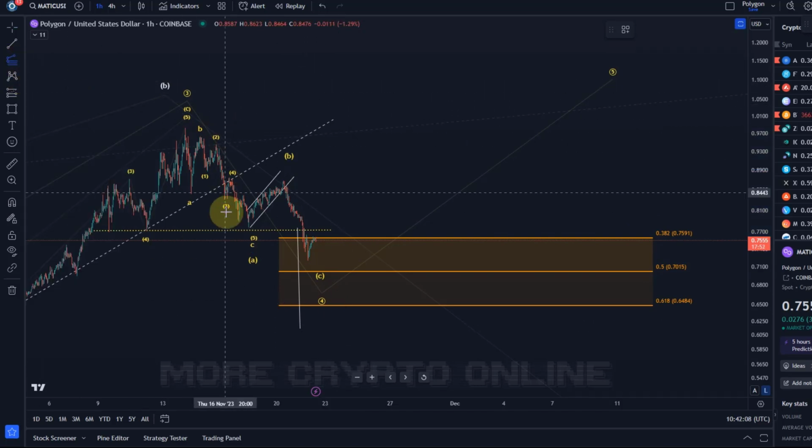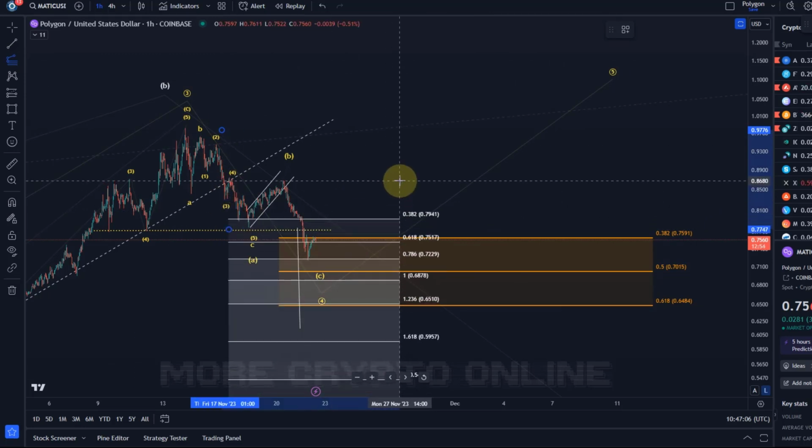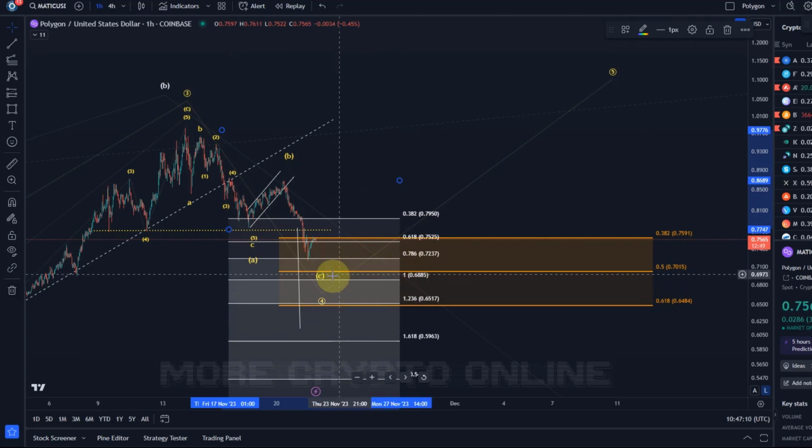If we take the Fibonacci extensions of wave A and add them to B, then we see that the 68.8 cent level, 69 cent level basically gives us a key level to watch, the 100% extension level. Below that, we've got 65. That's pretty much good overlap with the 50% retracement level at 70 cents and the 61.8 retracement at 65.